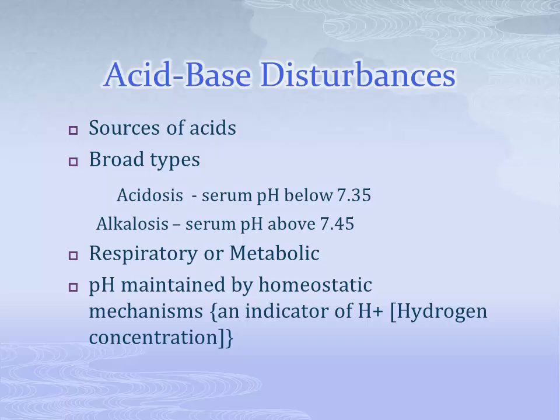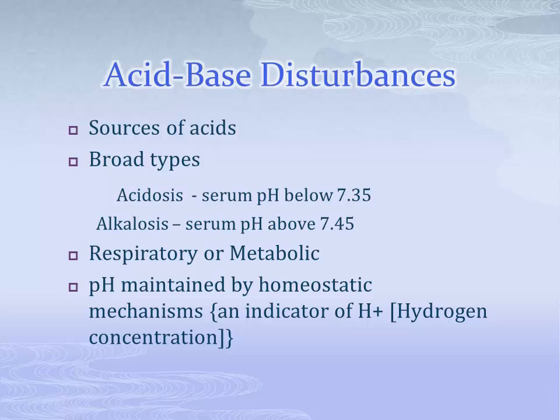So the pH is maintained by homeostatic mechanisms. They read the hydrogen ion levels essentially, and say, oh, we're in acidosis, we need to do this, or we're in alkalosis and we need to do the other thing.